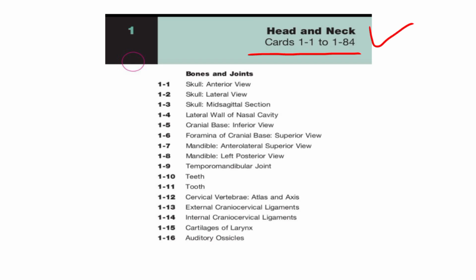Head and neck. First we go for bones and joints of the head and neck, and in this lecture we will discuss the skull and the skull anterior view.